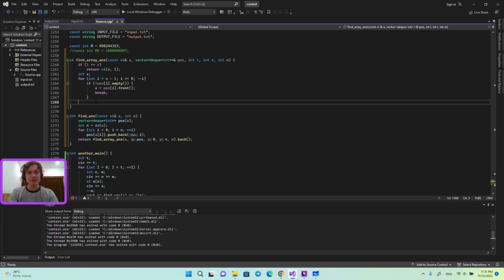So in the right part, we need to make a pos 1 and pos 2 for left part and the right part.